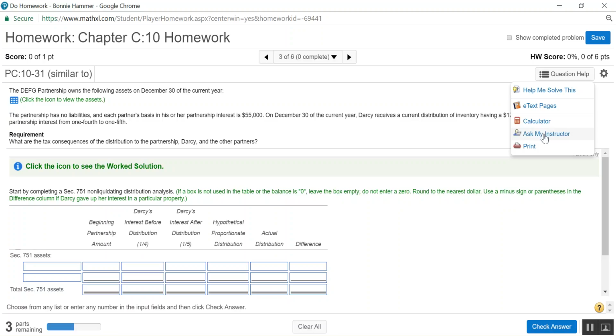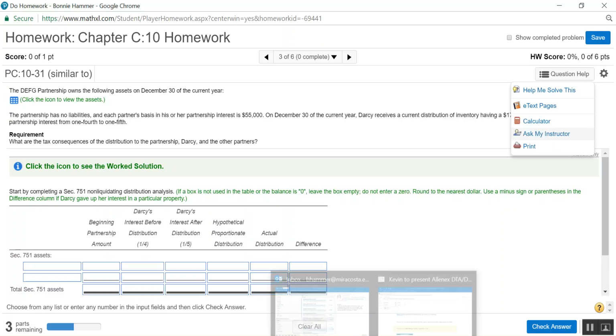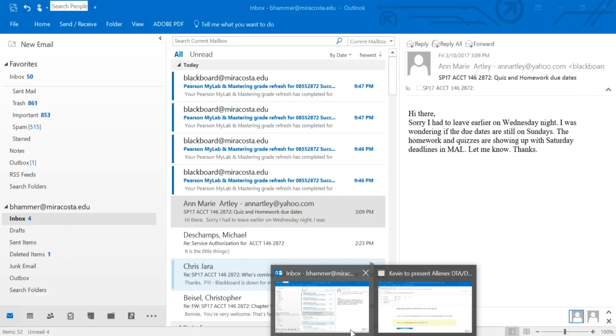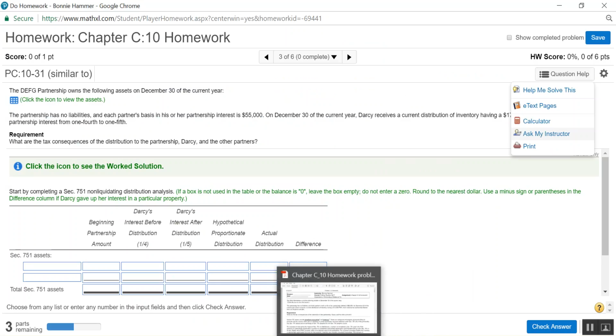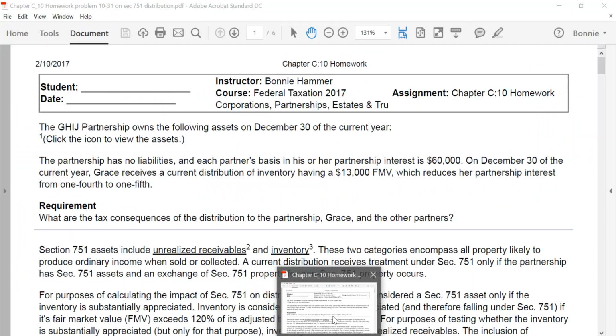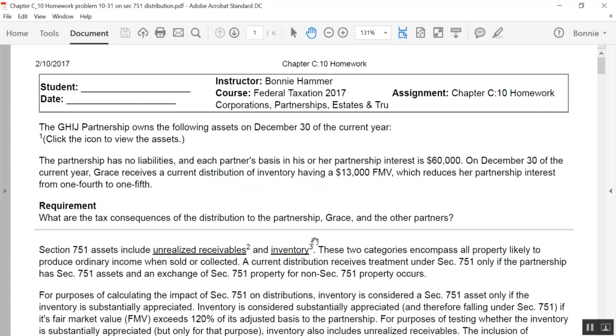Notice ask my instructor comes after help me solve this. So I really encourage you guys to use help me solve this before you ask me, because as I'm going to show you, it's much more definitive and helpful. Okay, so that's what I did so that I could understand why I was not getting the right answer on this very last part.